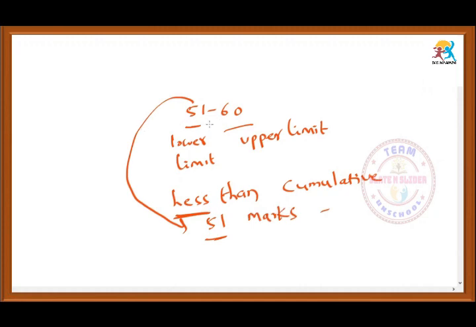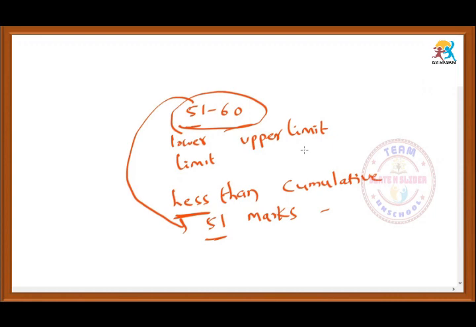In this class interval, 51 is the lower limit, 60 is the upper limit. For this class interval, we have to write the number of students who got below 51. Is it possible? Because 51 is the least mark.